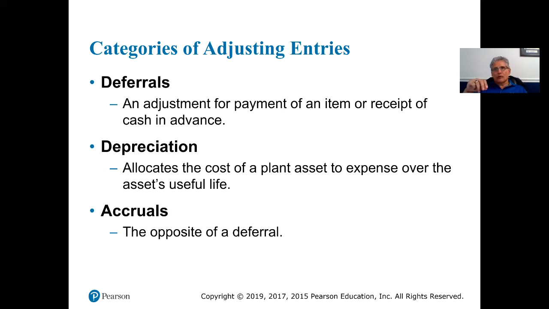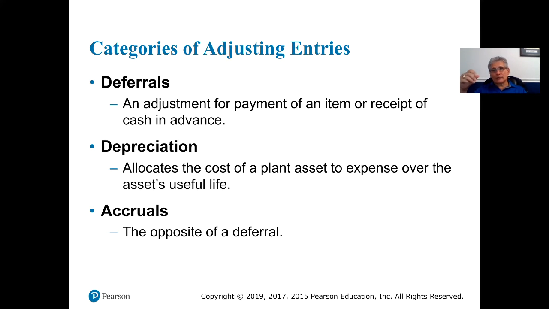We write out a check for $12,000. Now, deferral means we're not going to recognize that $12,000 as an expense. The reason is because we haven't incurred the expense. That payment that we made for $12,000 needs to be recognized over the 12 months in proportion to the rent.